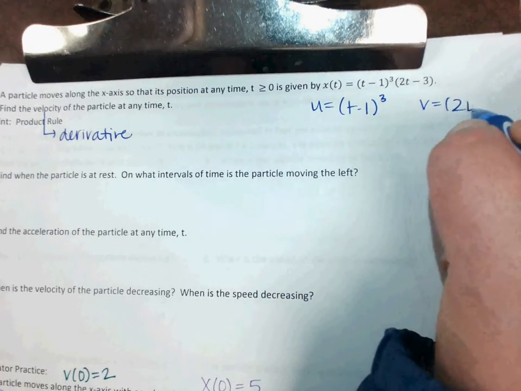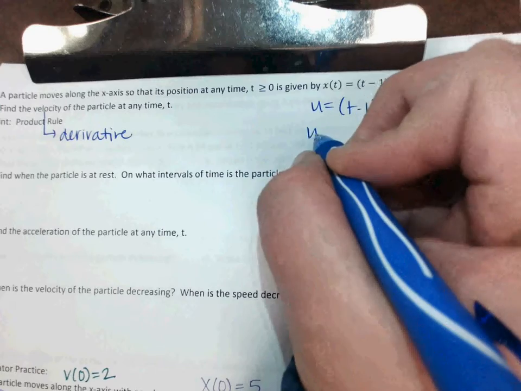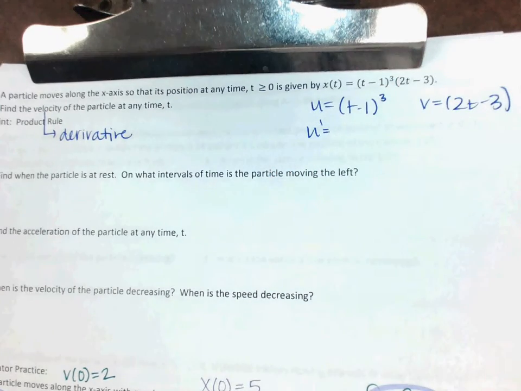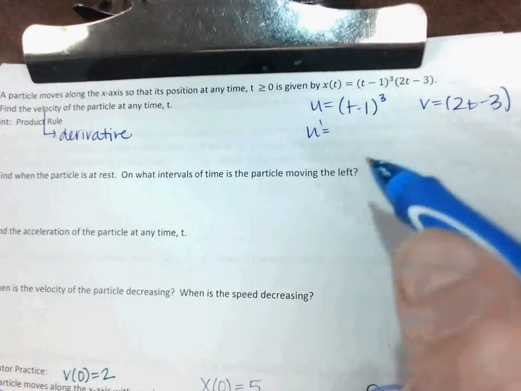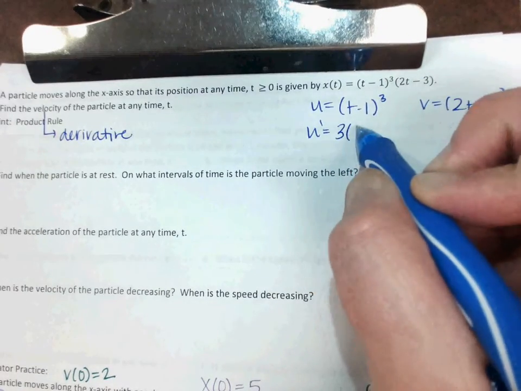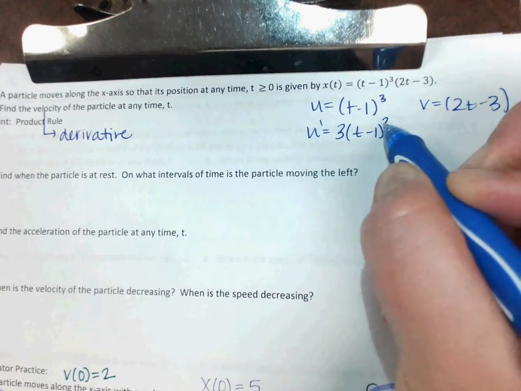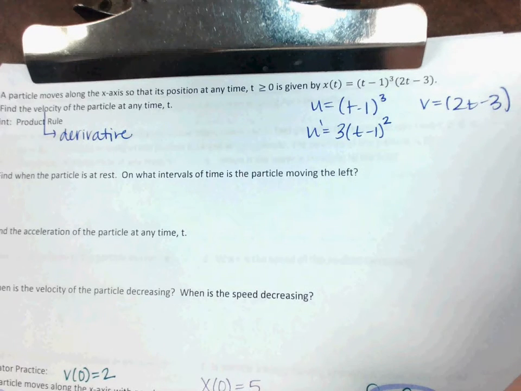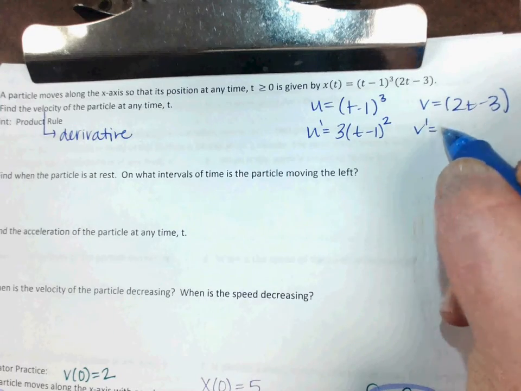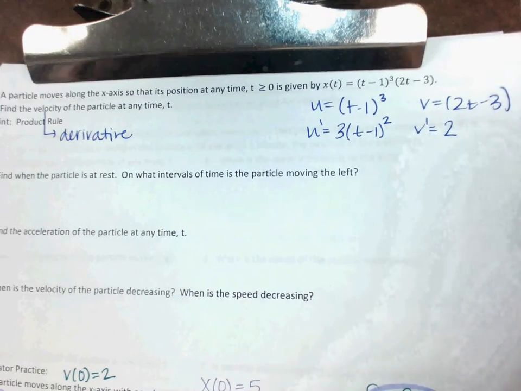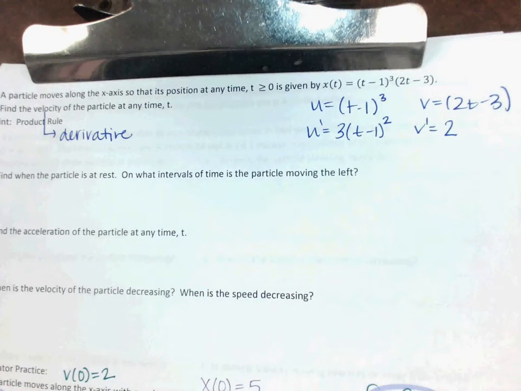V will be 2t minus 3. What is u prime if it's t minus 1 cubed? 3t minus 1 squared. And then chain rule, the middle, t minus 1, the derivative is a 1. So you can put it or not, it doesn't really matter. Okay, what will v prime be? 2.